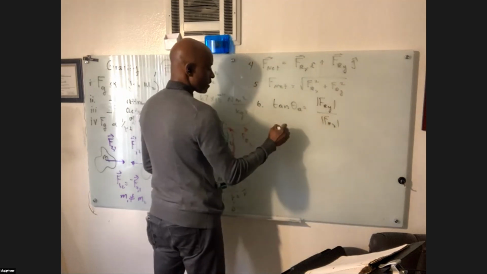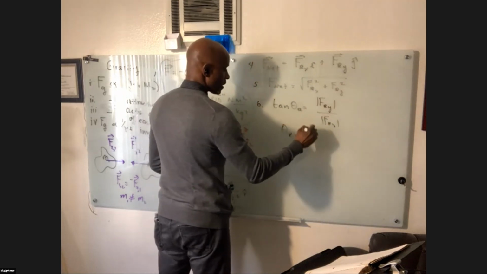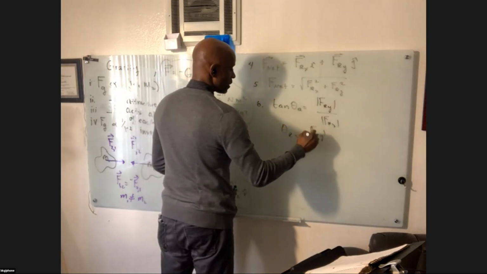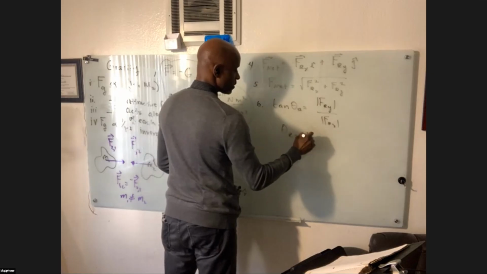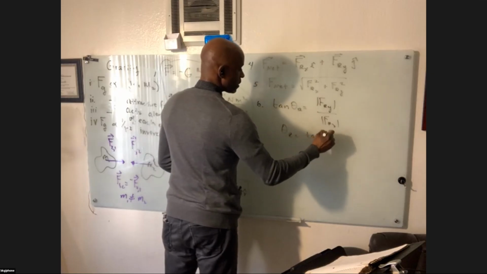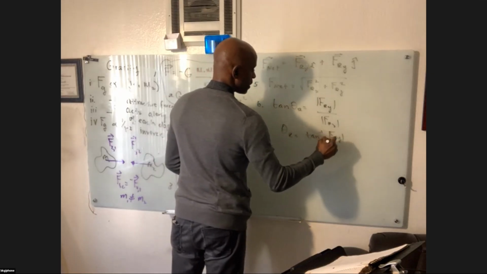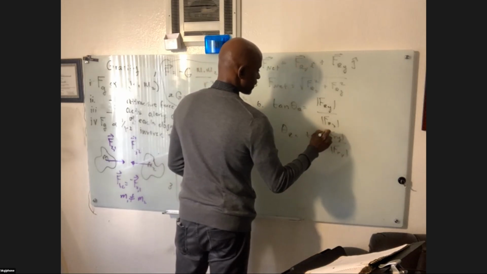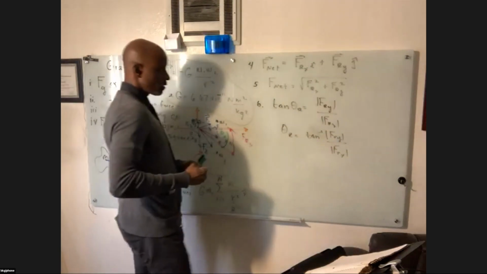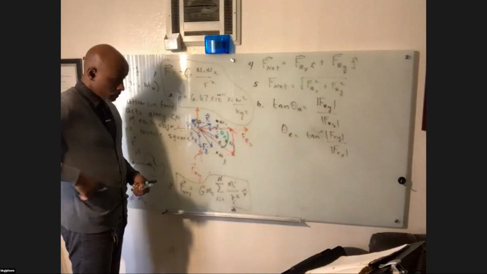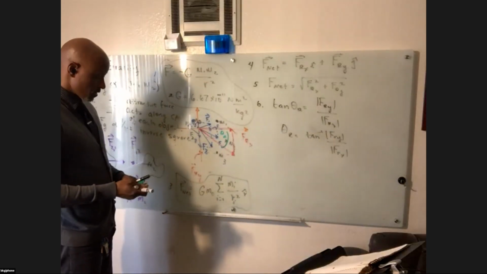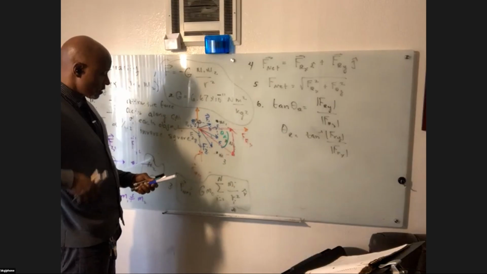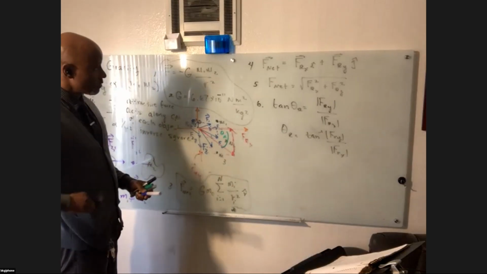So theta is the inverse tangent of FRy over FRx. Absolute value is what we're using there. So those are all the basically vector analysis equations that we would apply that we've seen before.